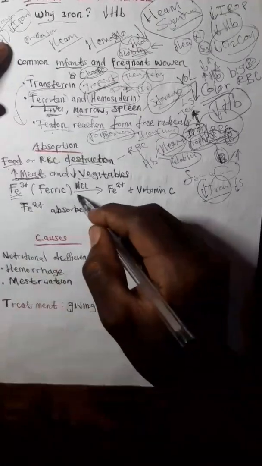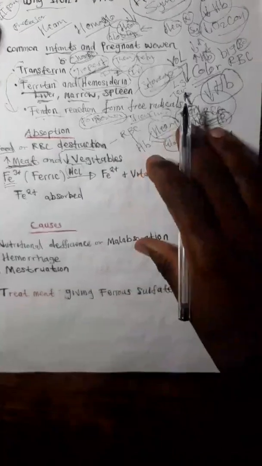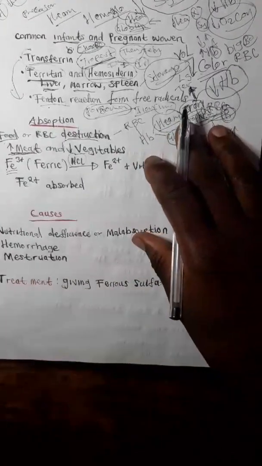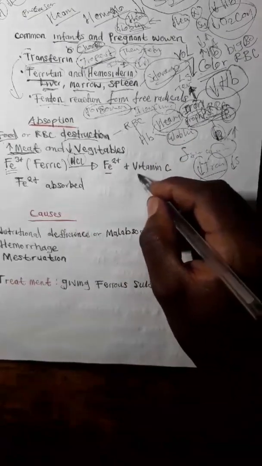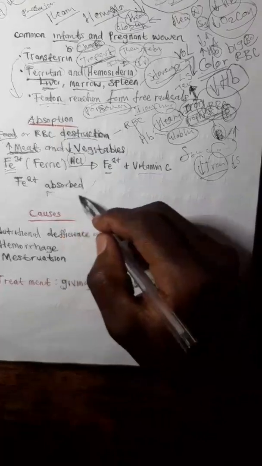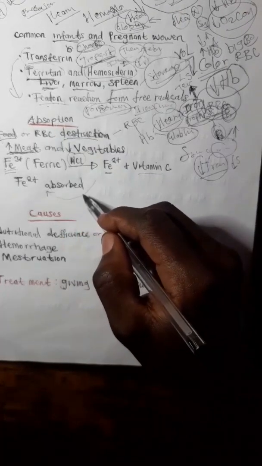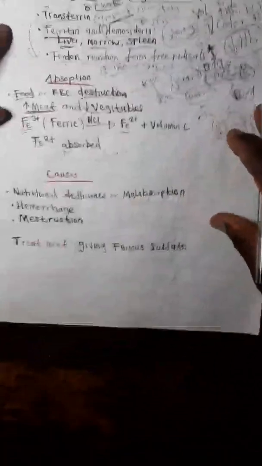When the iron reaches the stomach, it encounters the acidic environment, hydrochloric acid, along with vitamin C, and it is changed to iron 2. This iron 2 is the one that is absorbed in the small intestine.